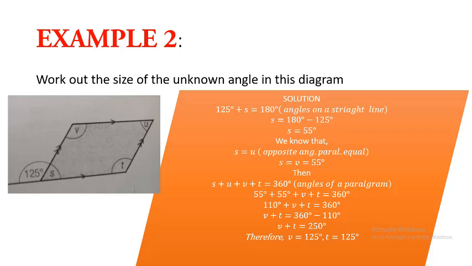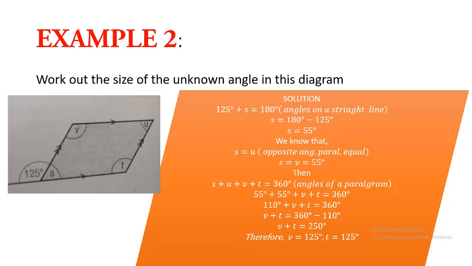So solution: 125 degrees plus S is equal to 180 degrees. Why? Angles on a straight line. To find the value of S, we subtract 125 degrees from 180 degrees. So the answer is 55 degrees. That is the size of angle S.